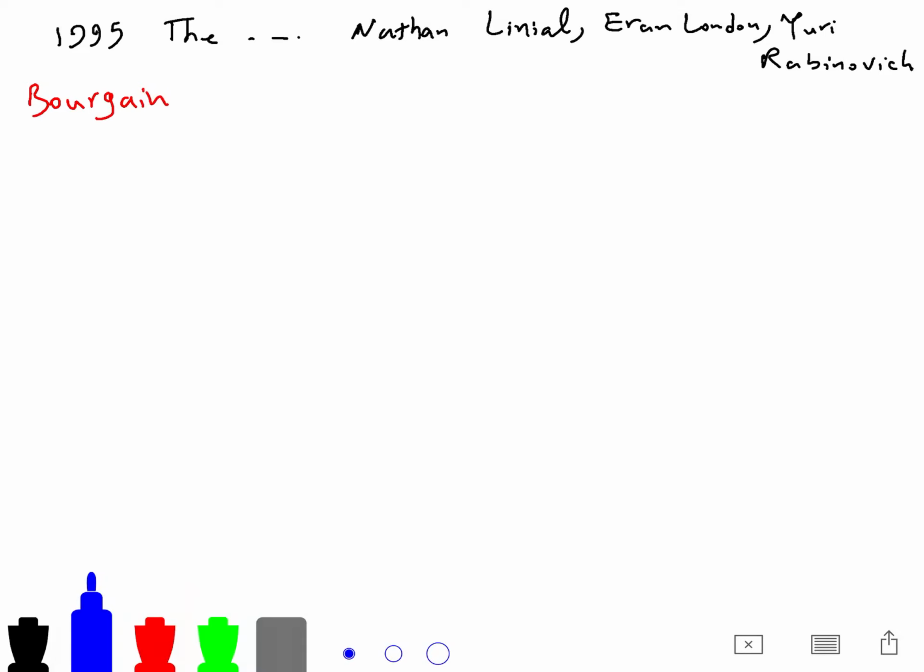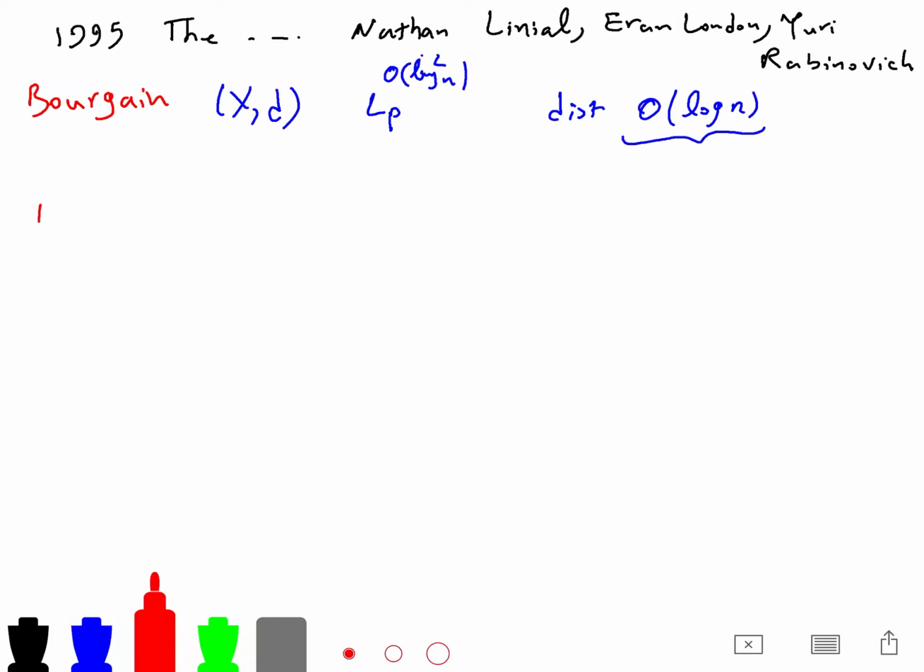So in random polynomial time, Bourgain says that any metric space may be embedded in L_p of order log^2 n with distortion, as I've said several times, O(log n). So this is the distortion. The proof is very interesting and very inspiring for generating new algorithms.